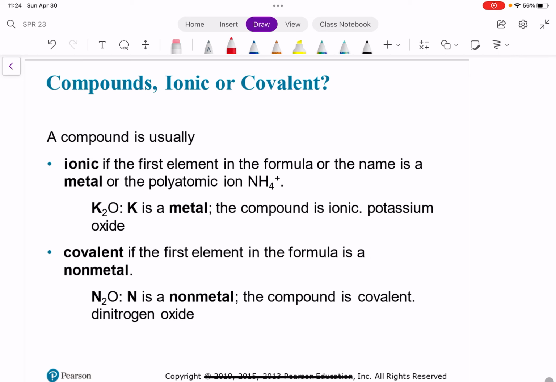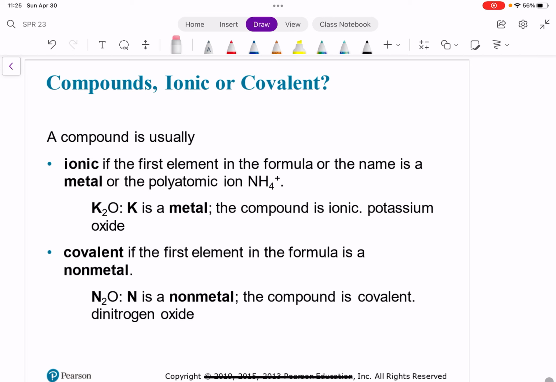So again, even though polyatomic ions have these nonmetals in them, they overall have a charge, right? They are ions. So when they bond, they're going to bond with a charge that's the opposite charge. And they're going to form an ionic compound. So that would be ionic.